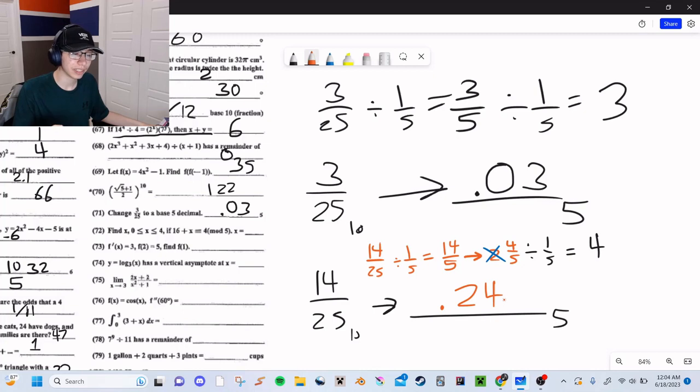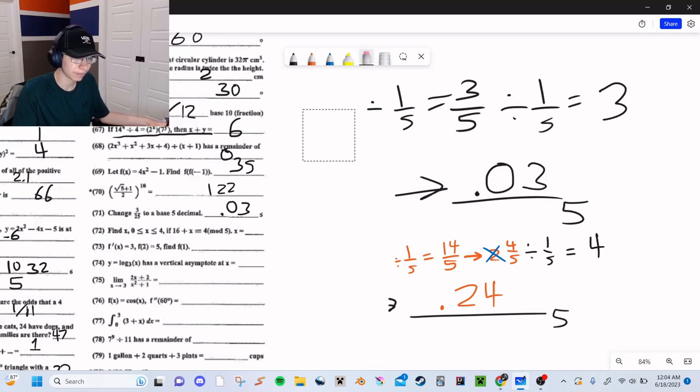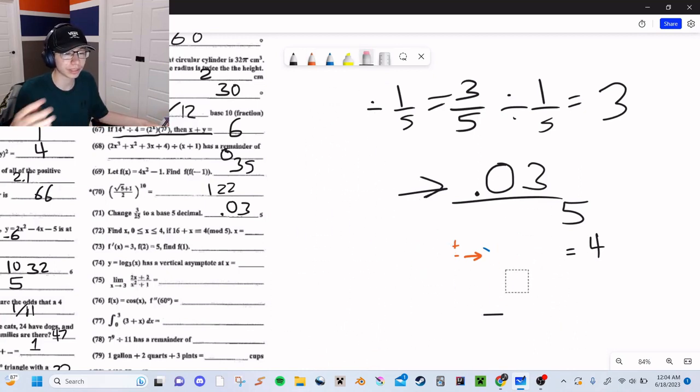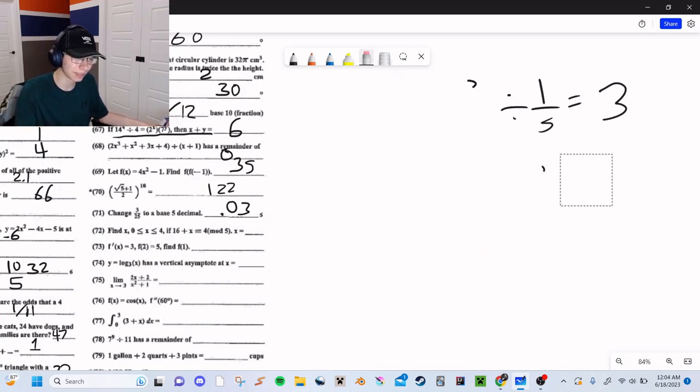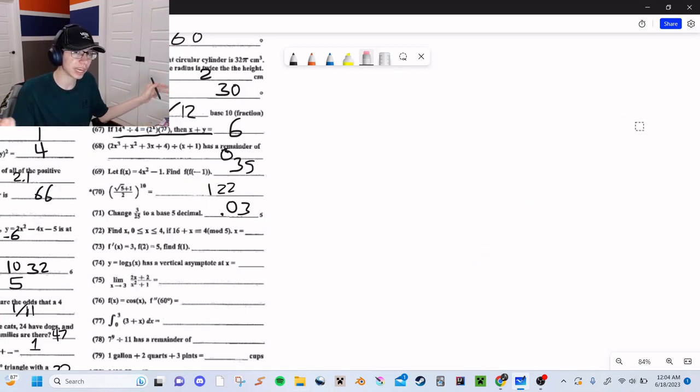So now you guys hopefully know how to go from fraction to decimal form. We're just going to divide by 1 over the base each time, and write down what we get as the whole number part of our quotient. We're going to keep dividing and dividing, basically. And once we write down that whole number part, subtract it, keep dividing, until we end up with no fraction parts.